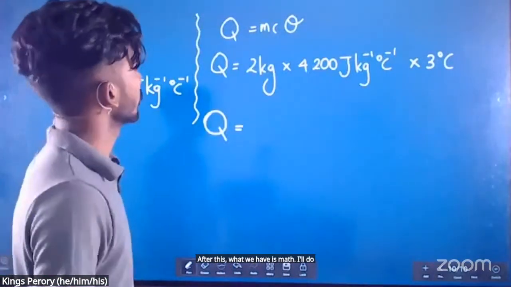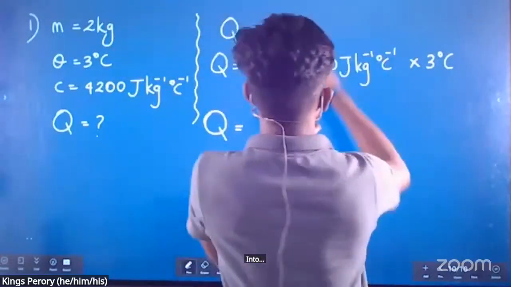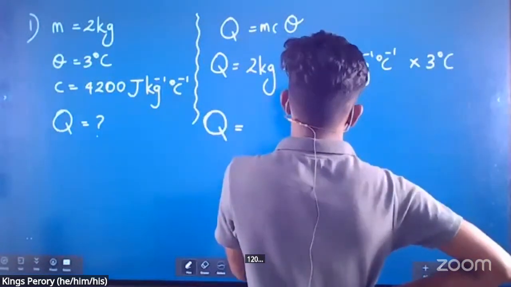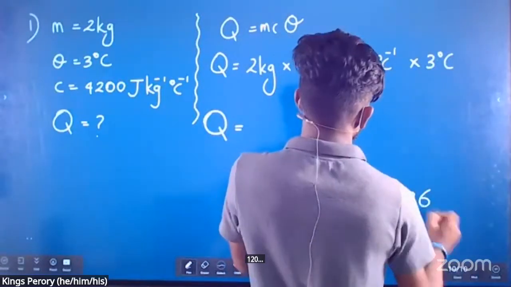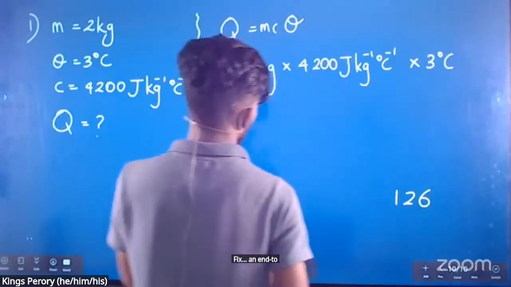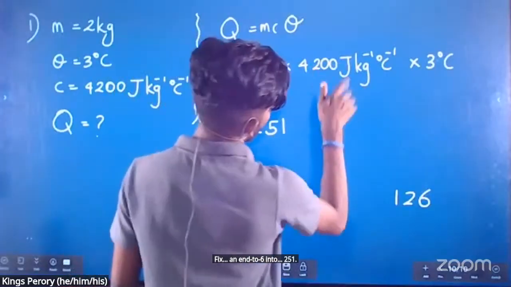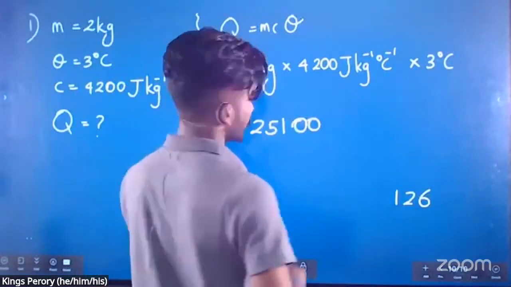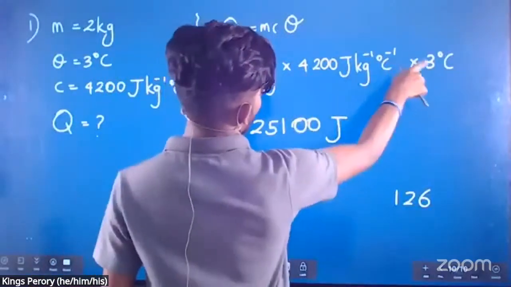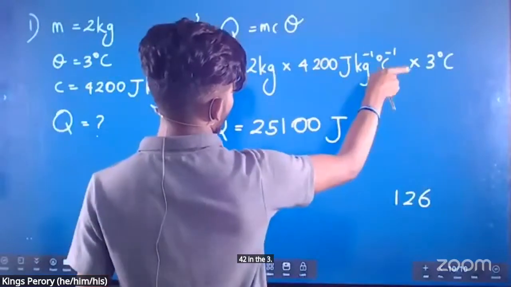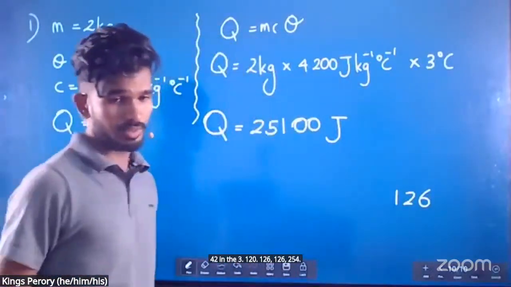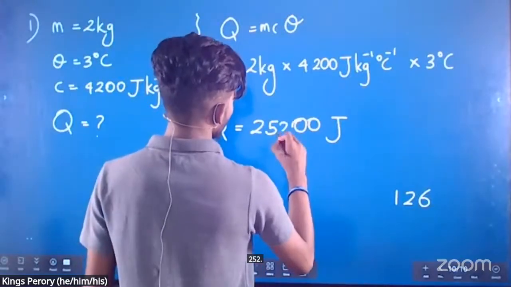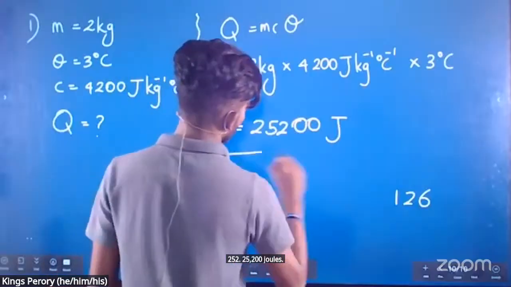Now do the multiplication. 2 into 3 into 42. 126 into 2 is 252, so 25,200 joules.